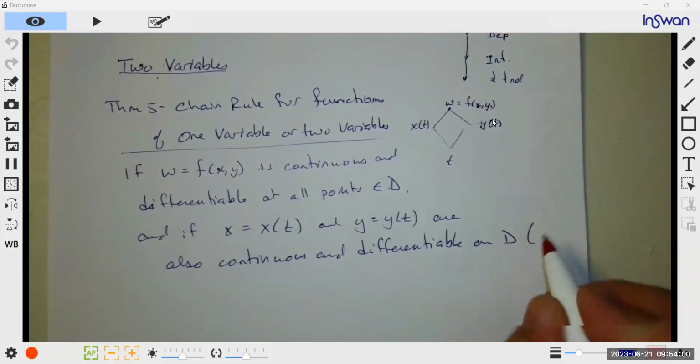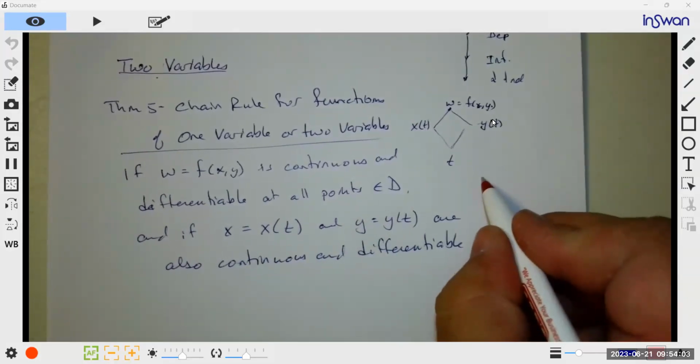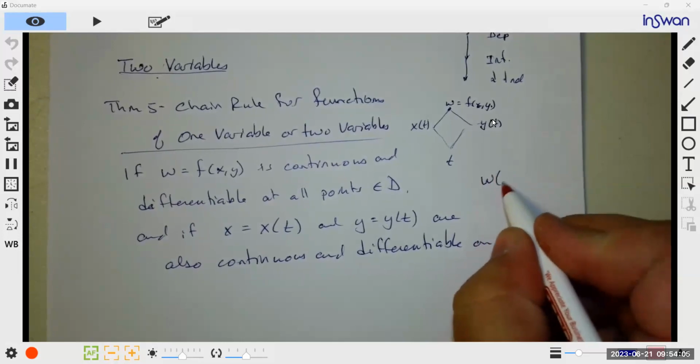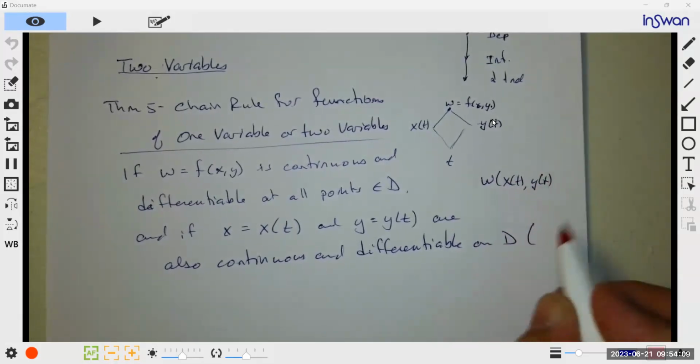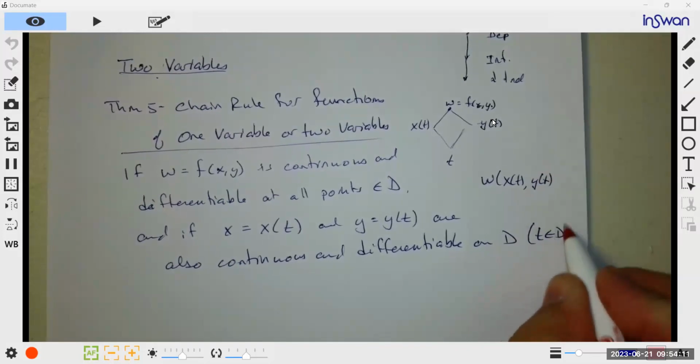Remember, what this says is since our functions are like this, x of t, y of t, t has to be in the domain.